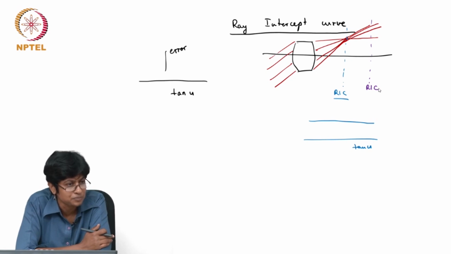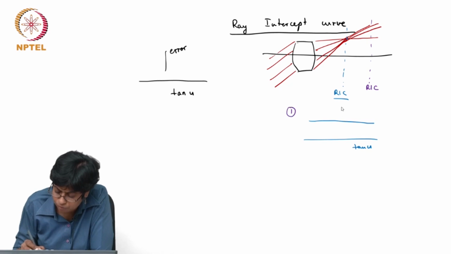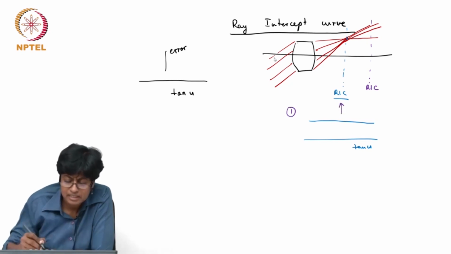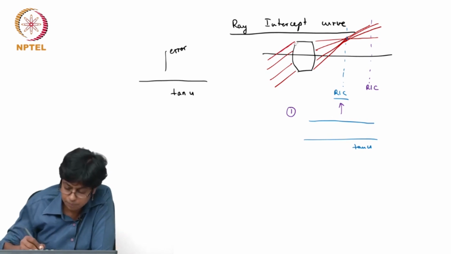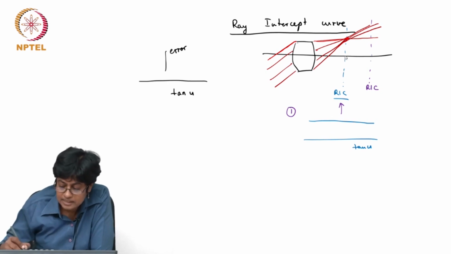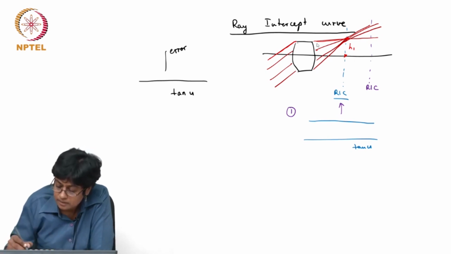What do you get? So in this case, for graph 1, which is here, this is the topmost ray, and it landed up here. And let's say I'm measuring heights from this point. So this height is h1. This is the angle.